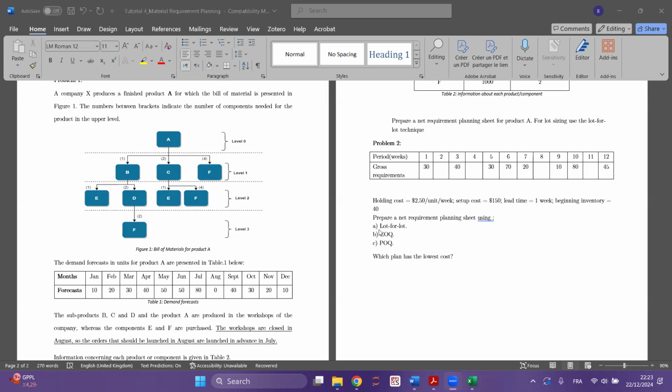We're going to be preparing a net requirement planning sheet for just one product, no subcomponents. We're going to be using the lot-for-lot technique, the EOQ, economic order quantity, and the periodic order quantity. Then we're going to compare the costs and choose the best plan.